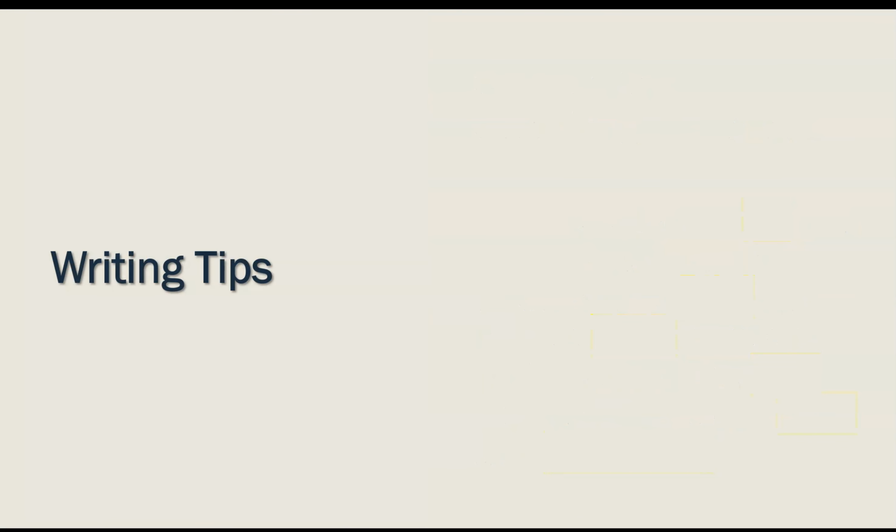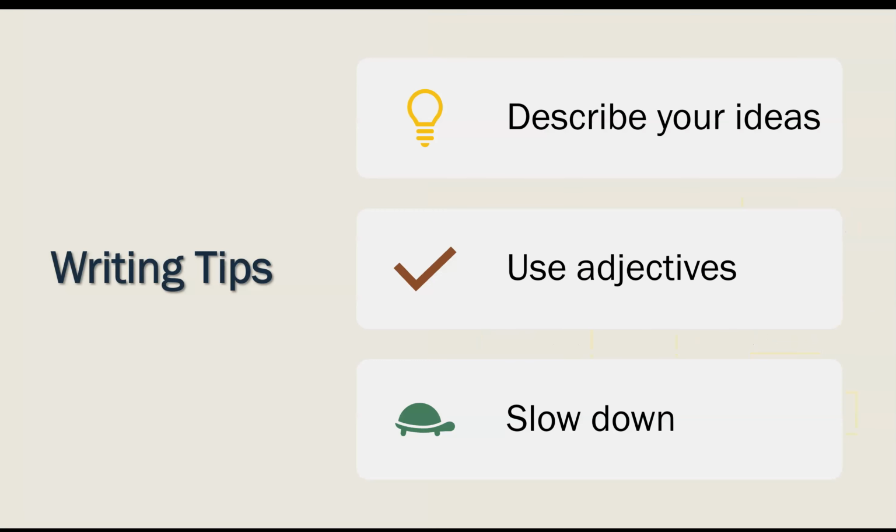All right, so the writing tips we just learned are describe your ideas, use adjectives, and slow down, just like the turtle, right? So sometimes maybe the teacher gives you homework or an activity or assignment and you want to finish it very quickly. So yes, right, sometimes we don't want that stress, but it's important to think about it, right?